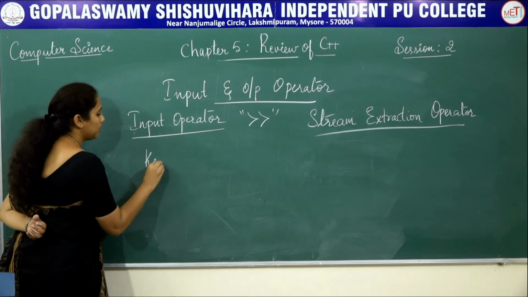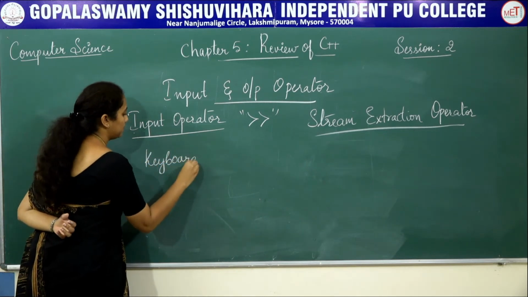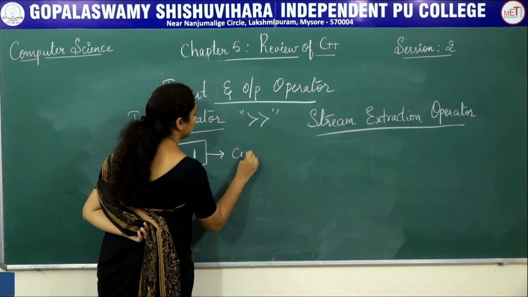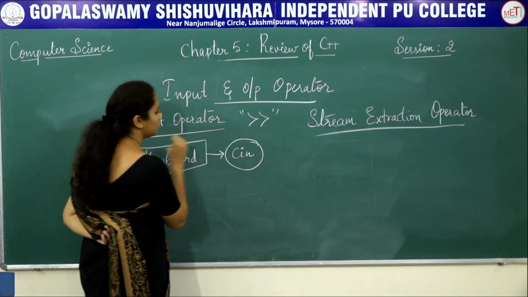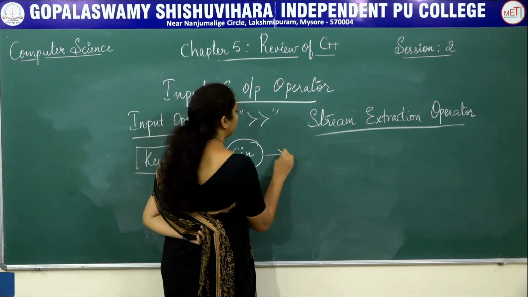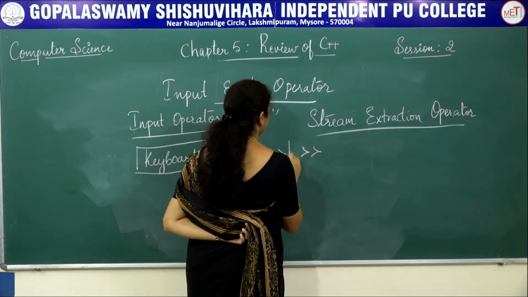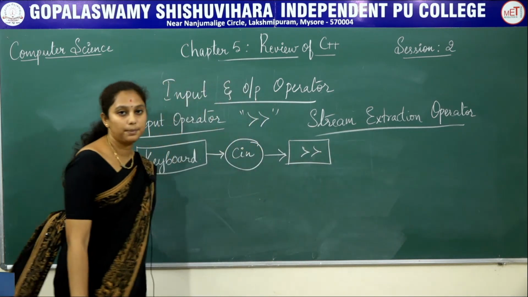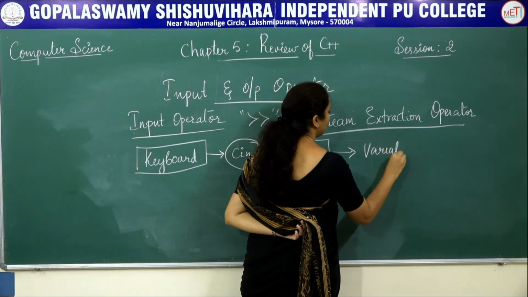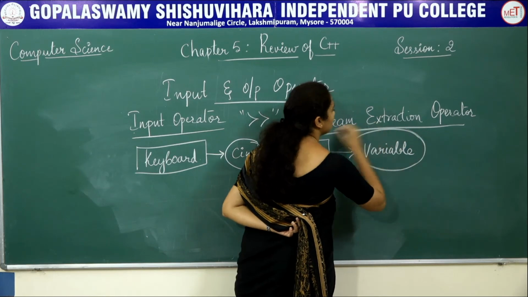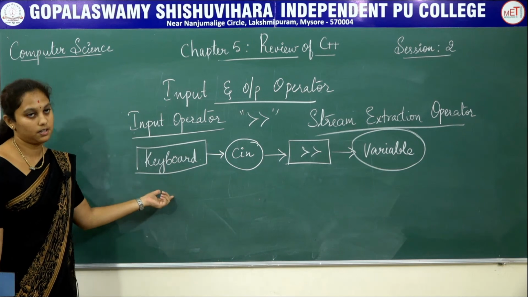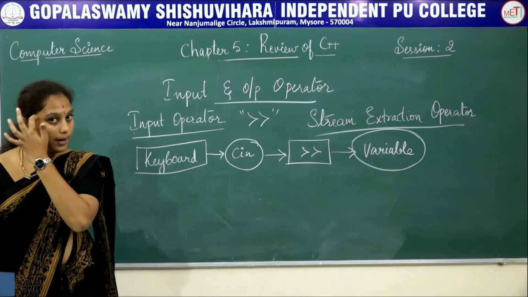The keyboard is a standard input device, followed by an object, that is cin, used to accept input from the standard input device, then followed by the input operator and the variable to store whatever input is extracted. So this is about the input operator.